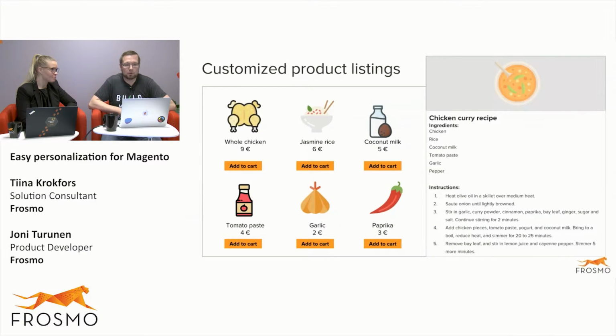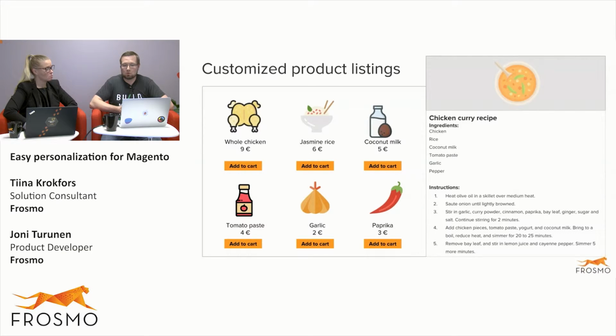Then another example is customized product listings. One of our clients is a Finnish online grocery store called Kauppahalli 24. They have food recipes on their site, and they want to display the ingredients that belong to that recipe.